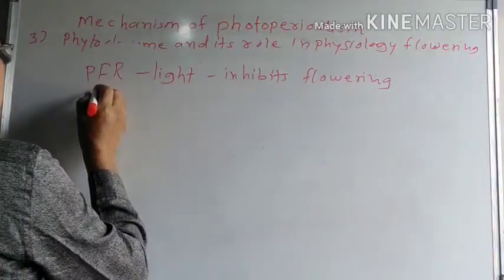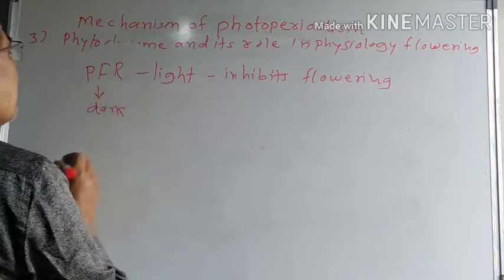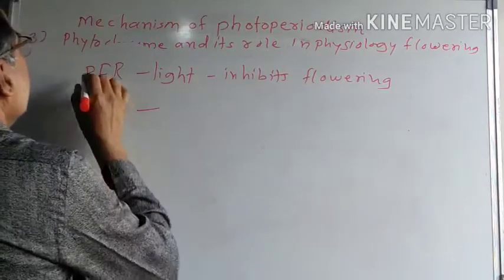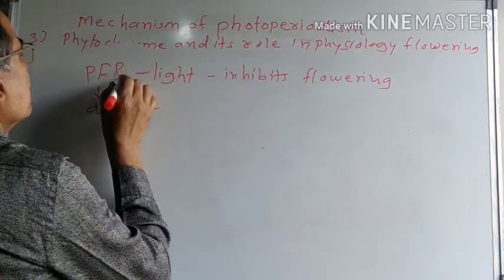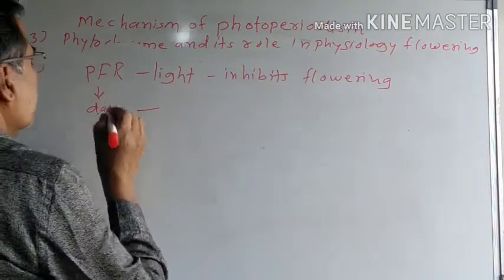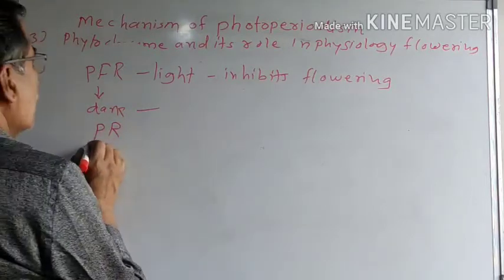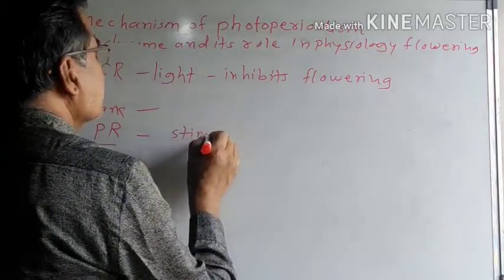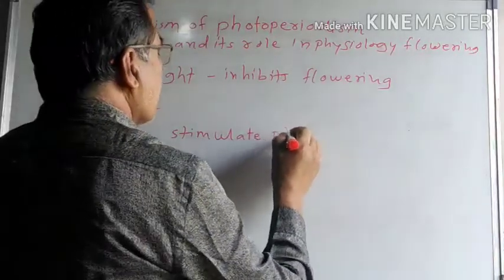This PFR form then undergoes the dark period. At that time the PFR form, phytochrome far red, is converted into the PR form, phytochrome red pigment. And this phytochrome red pigment stimulates the physiology of flowering.